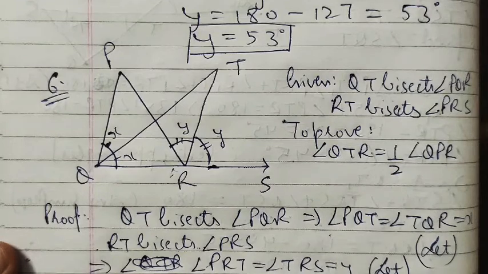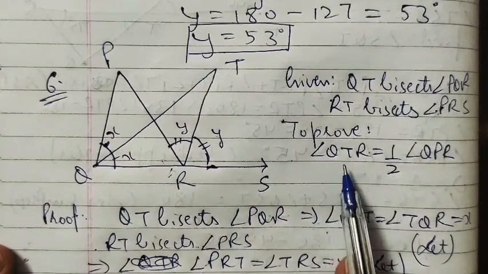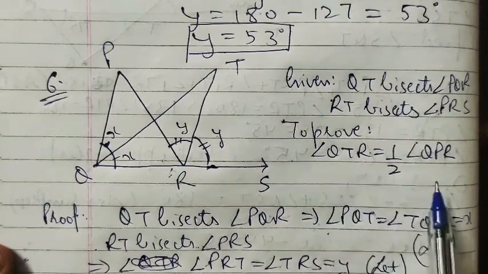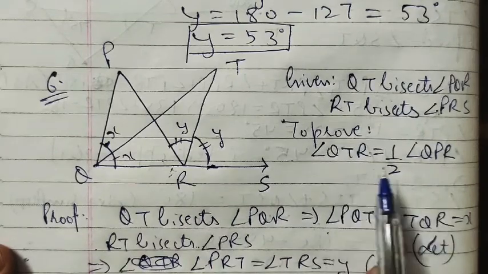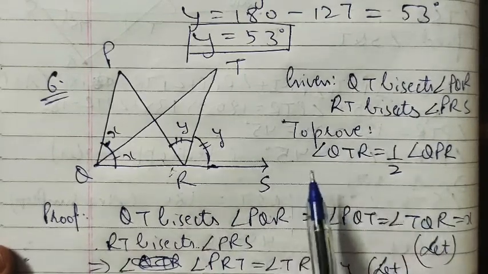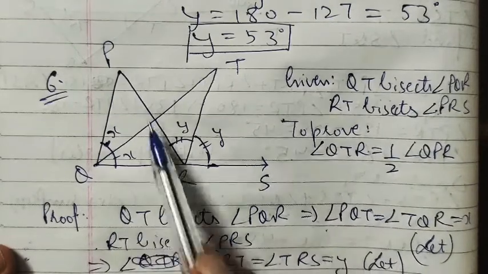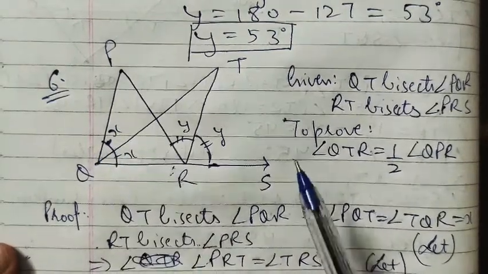Now we have to find out from the question, we need to find out QTR and QPR, then we'll equate the values. So let's say QPR is a part of this triangle PQR.